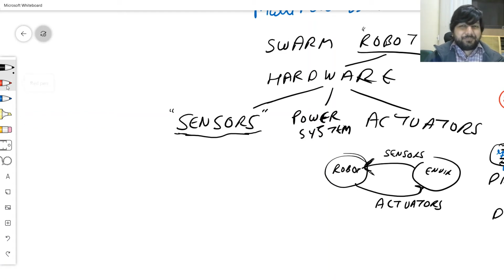Now, our basic emphasis should be something like a social potential field. So the robots need to display some behavior. The most basic behavior was a social potential field.